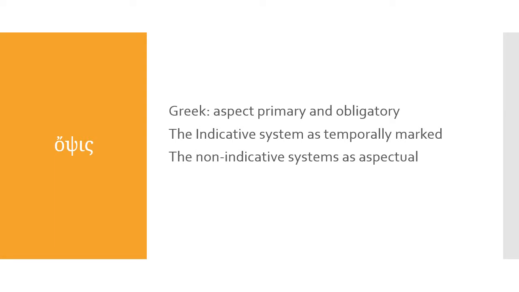So the non-indicative systems, as I said, the optative, the subjunctive, the imperative, the participle system, and infinitives are aspectual. There's a different aspect for different forms which doesn't have a time or a time-based importance. Sometimes, though, they have temporal implications. That is, something can be marked for aspect but have tense implications.